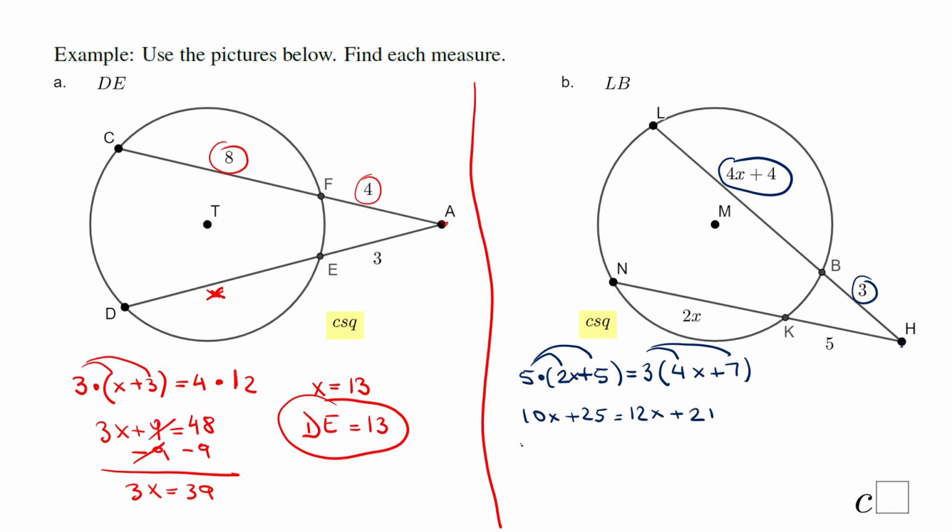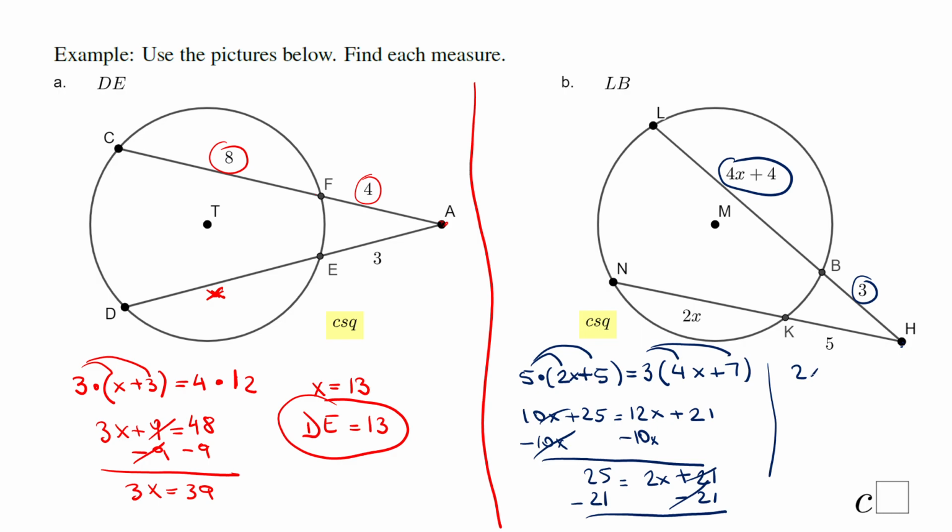I'll subtract 10x here. And we get here 25 equals 2x plus 21. Subtract 21, and we have 2x equals 4, I'm sorry, 4 only, and divide by 2, we have x equals 2.